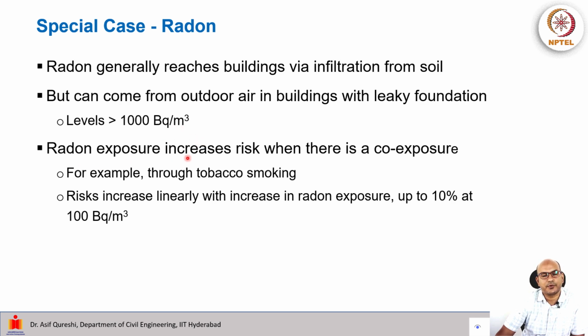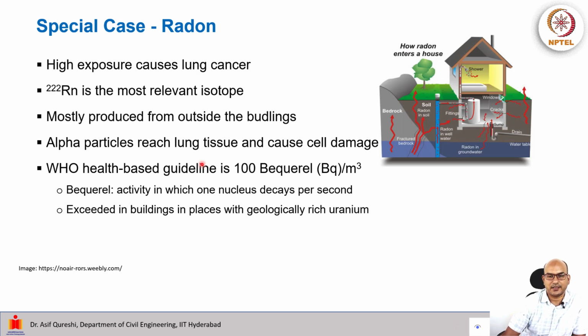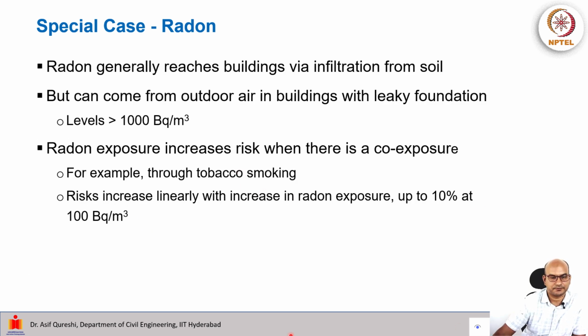Now radon exposure increases risk when there is a co-exposure, for example through tobacco smoking. For a tobacco smoker, the risk increases linearly with increase in radon exposure, up to a 10% increase in risk at 100 becquerel per meter cube, which is basically the health-based guideline.